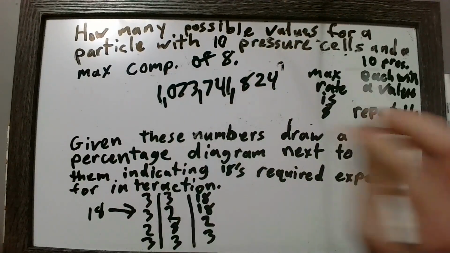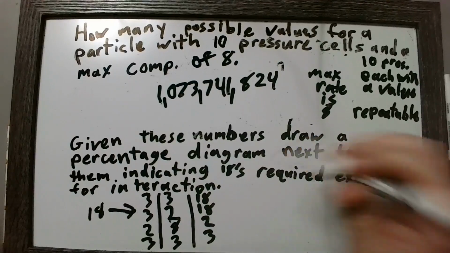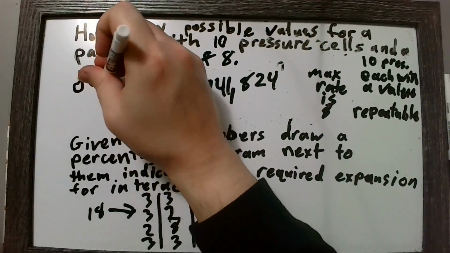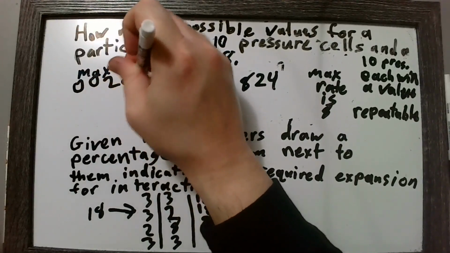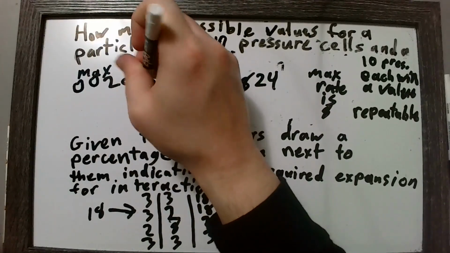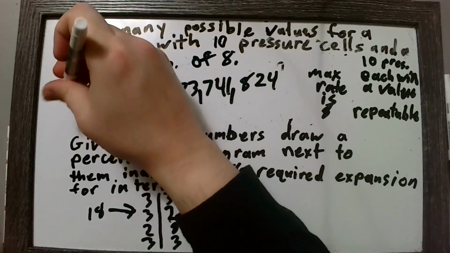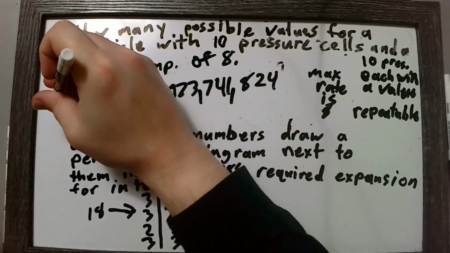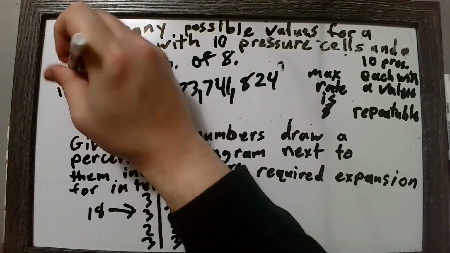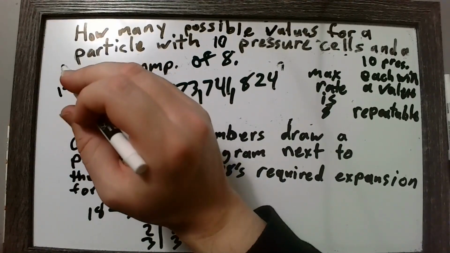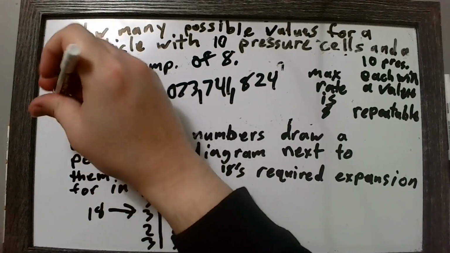Now, how do we know what this value is? Well, if we take a much more simple example, we can see that there are 2 cells, right? And let's say that each cell is a max rate of 8. So we can set this 1 through 8, and we can simply add 8 for every value, right?